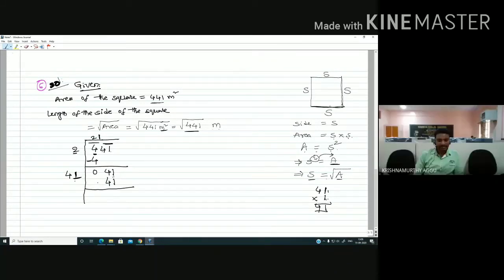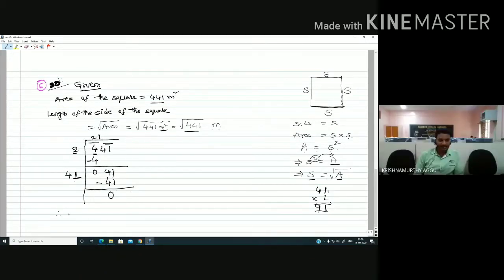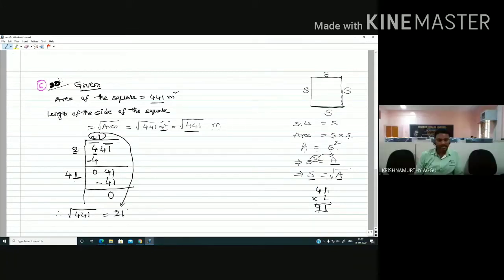41 minus 41 is 0. Then you can tell that the square root of 441 is 21.